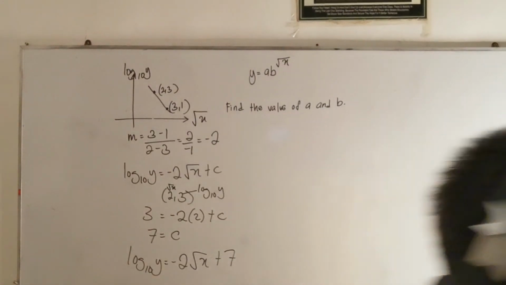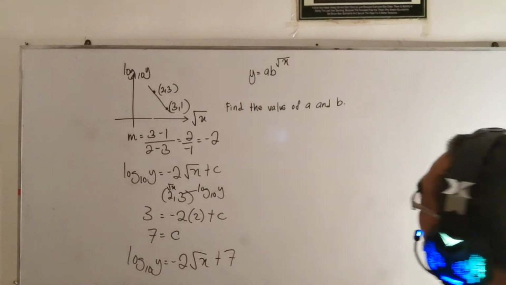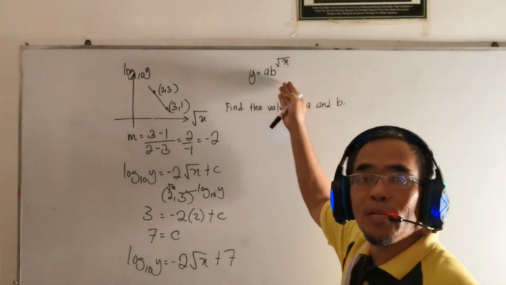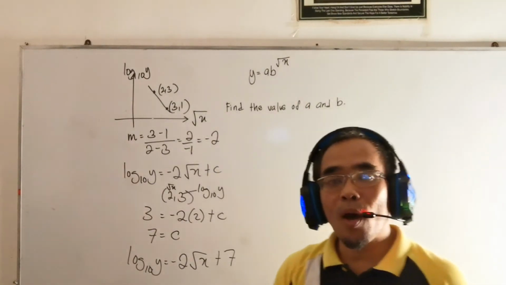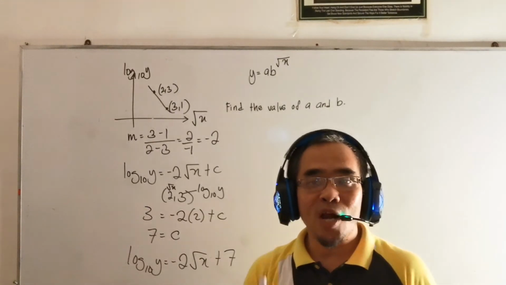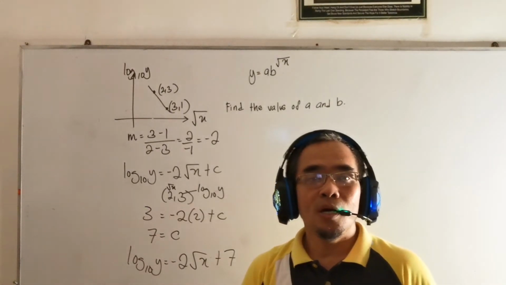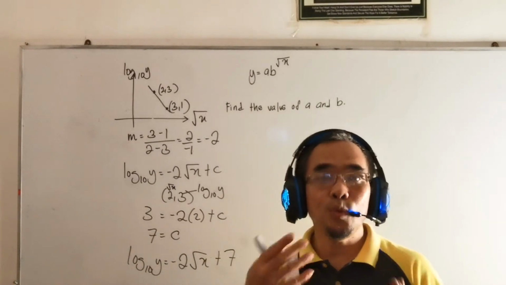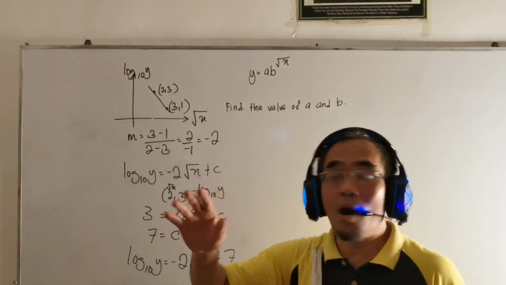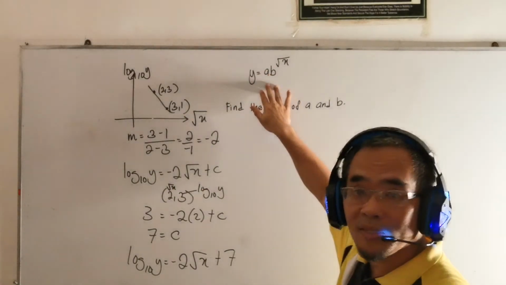That is only the first part. You have got the equation for the straight line. Now you have to transform this into a linear equation. That is why in this topic there are so many questions asking you to transform an equation from non-linear to linear. I believe you already know how to transform this.